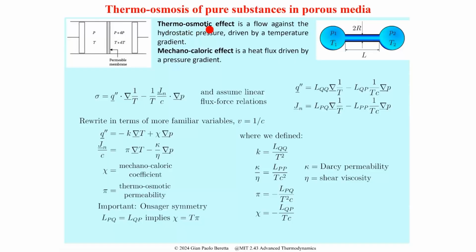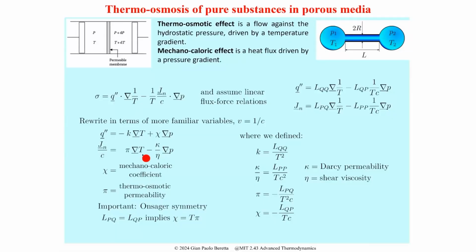So the thermo-osmotic is this one. No, I'm sorry, thermo-osmotic is this one. You have a flow of material in the absence of a gradient in pressure driven by a gradient in temperature.